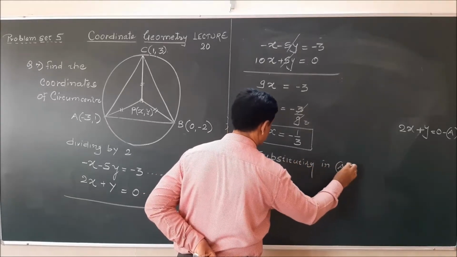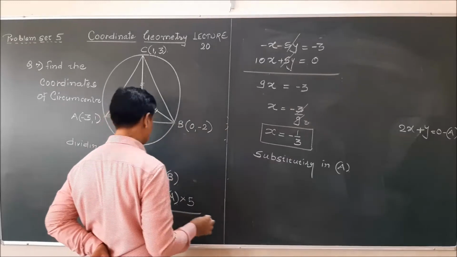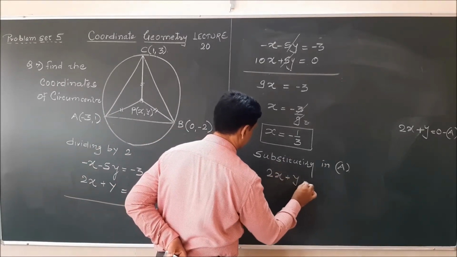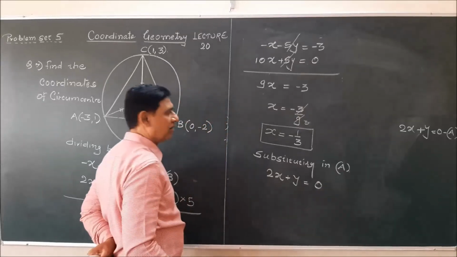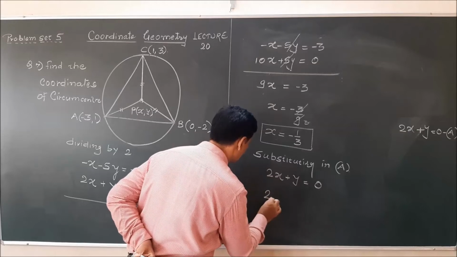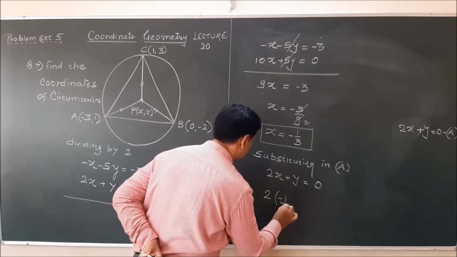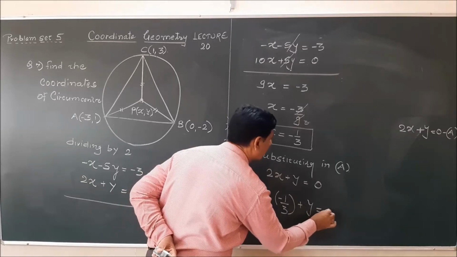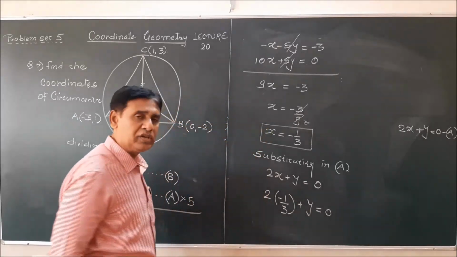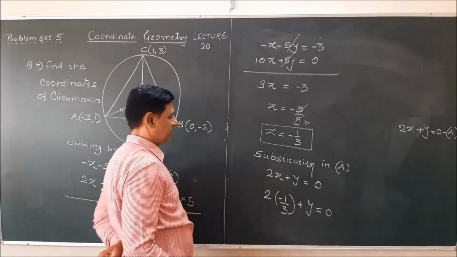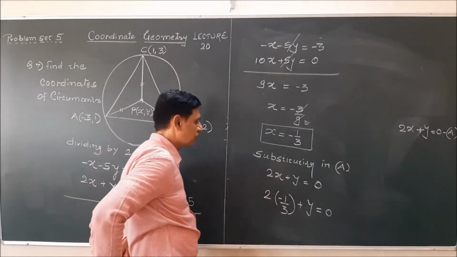In A, 2x plus y is 0. The value of x we operated is minus 1 upon 3. So 2 into minus 1 upon 3 plus y is equal to 0.